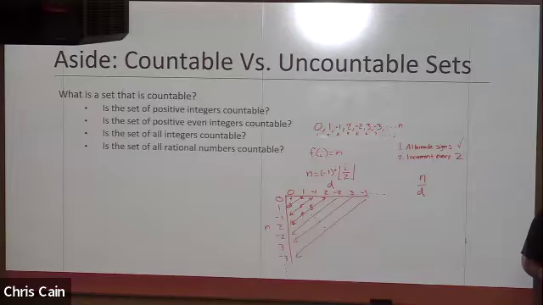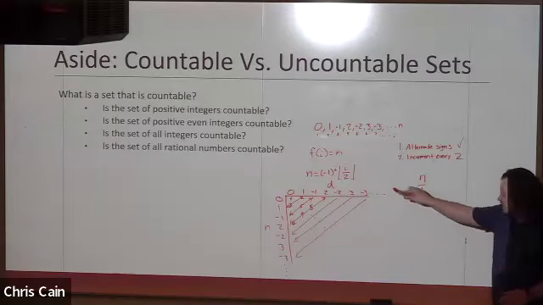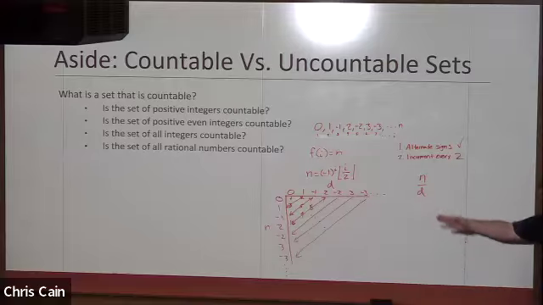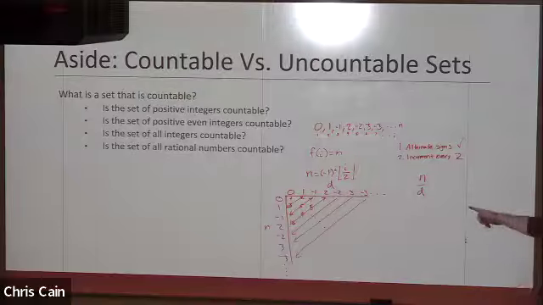Any value you give me, you just multiply the row and the column, and you end up with an unlimited number of copies of that as this table goes on forever. So every single rational number shows up in this table an infinite number of times. Interesting.